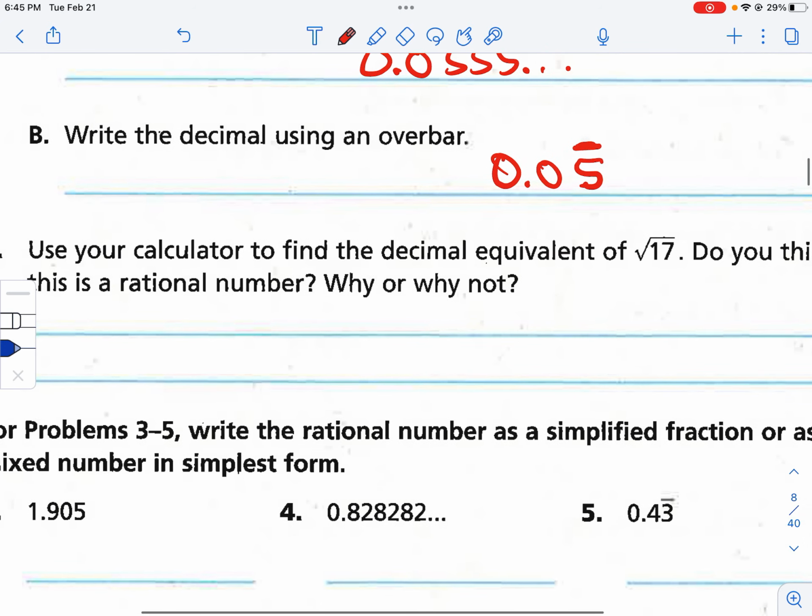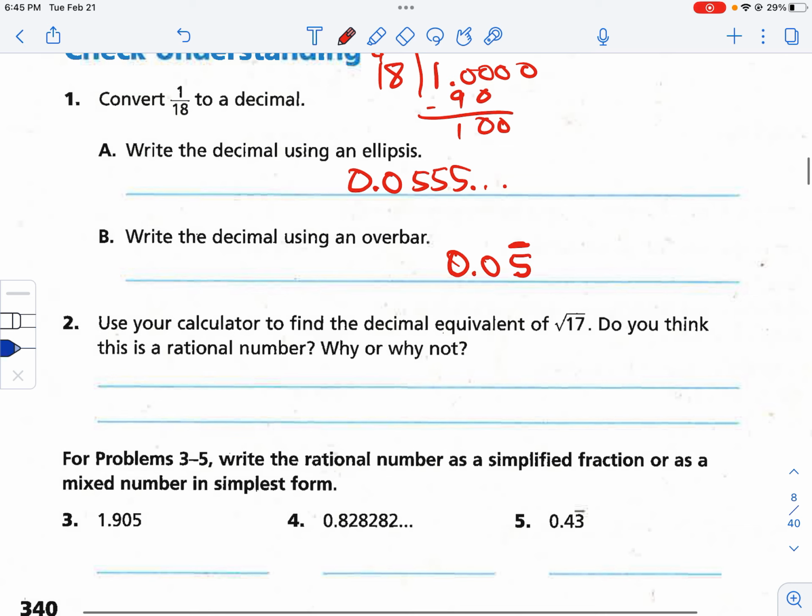Okay. Use your calculator to find the decimal equivalent to the square root of 17. If you have just a regular calculator, you would do 17 and then hit the square root button.